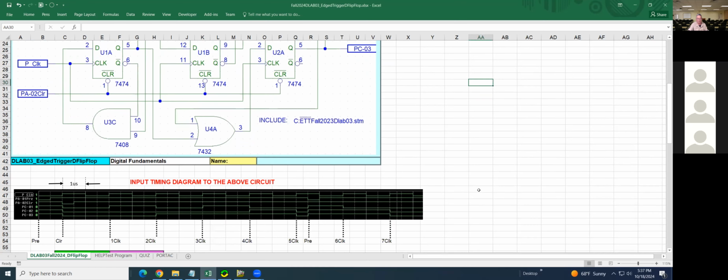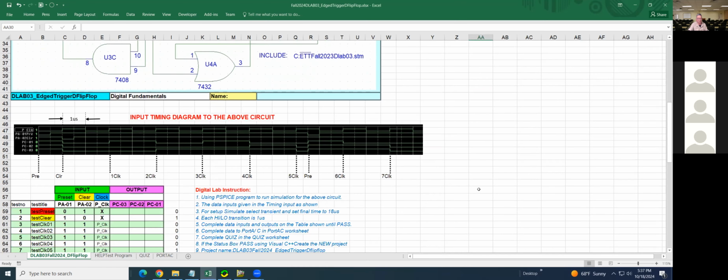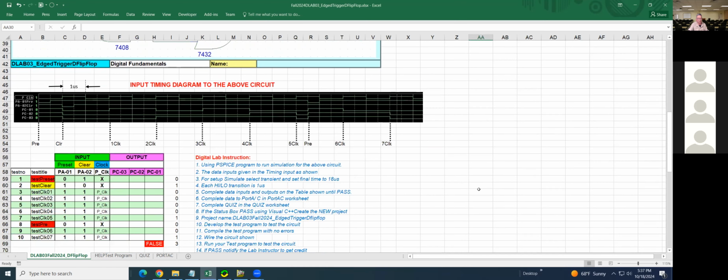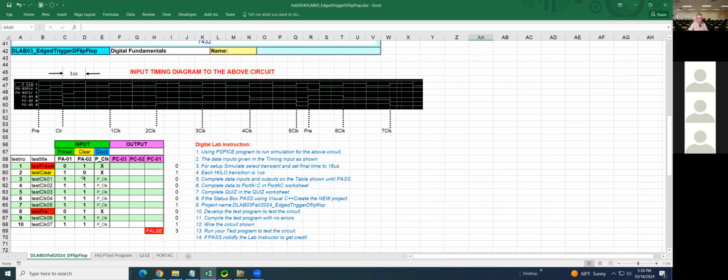Okay? And after that, you have to know, you try to get the table. Okay? That means in a table, we lay out the first test will be test preset, PA0, PA2, 1, and the clock is don't care.